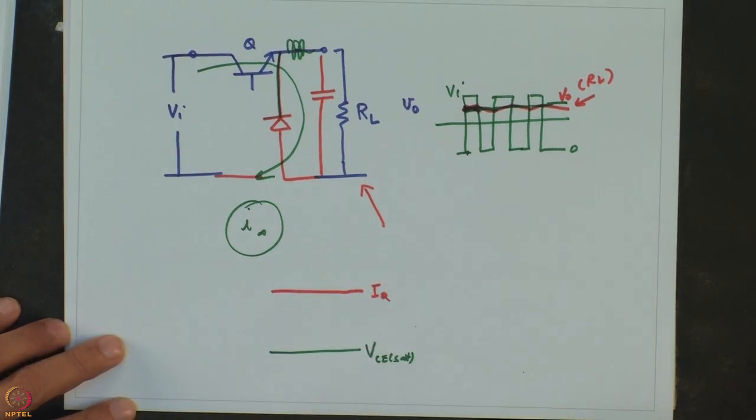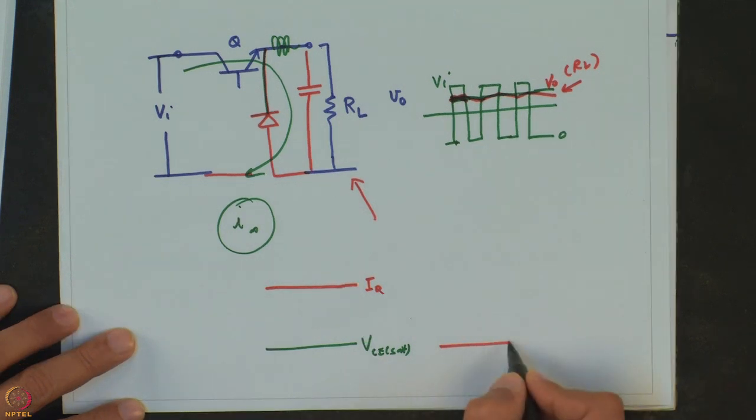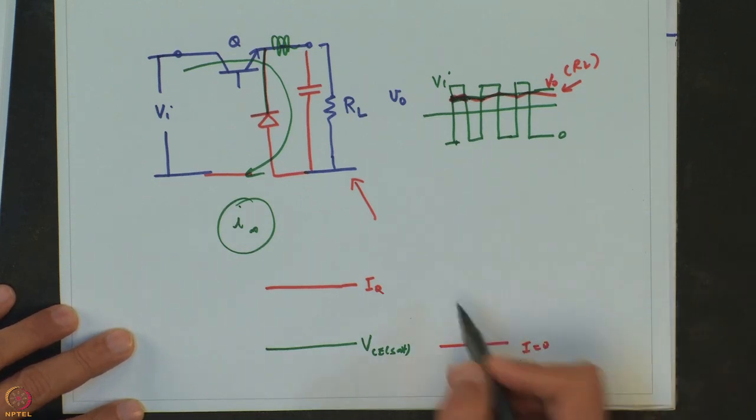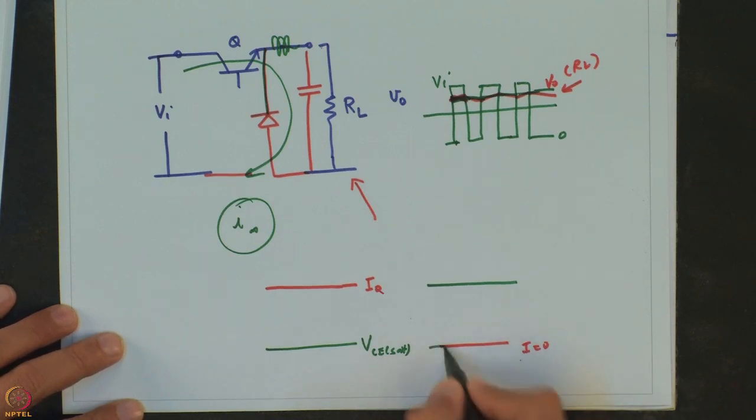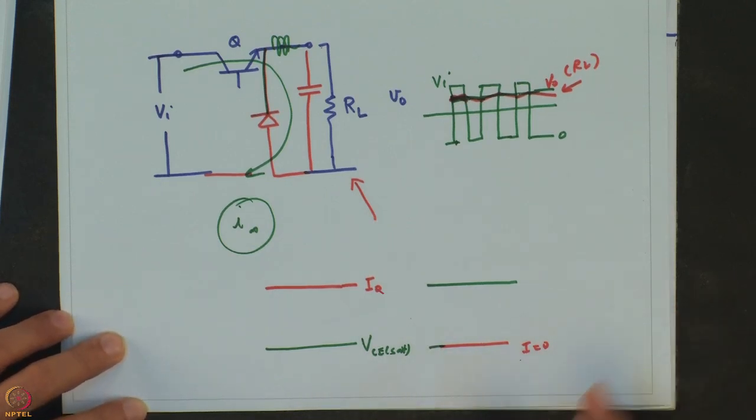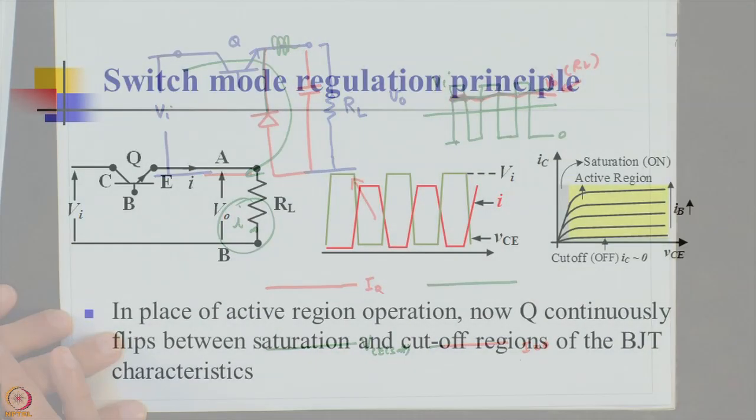And when my switch is off, at that time my current is 0, but my voltage across the device would be maximum. If you remember the transistor, when it is turned off, the entire voltage will come across it while it conducts negligible current. It is nothing but the saturation current, which can be almost neglected from the analysis.